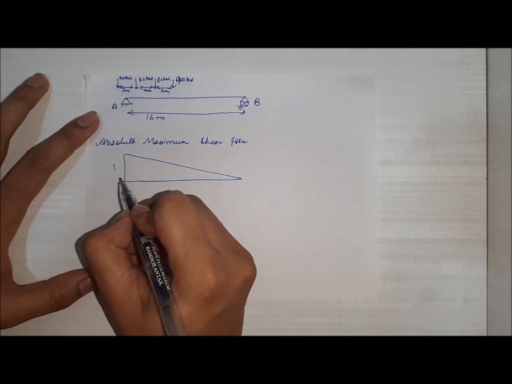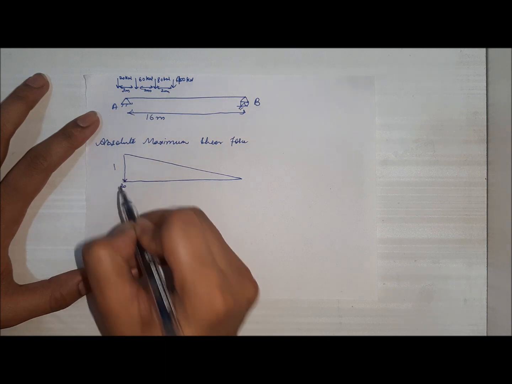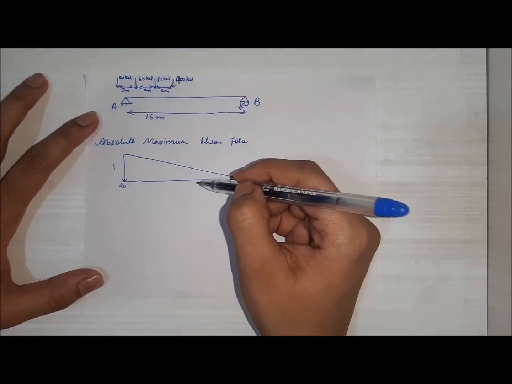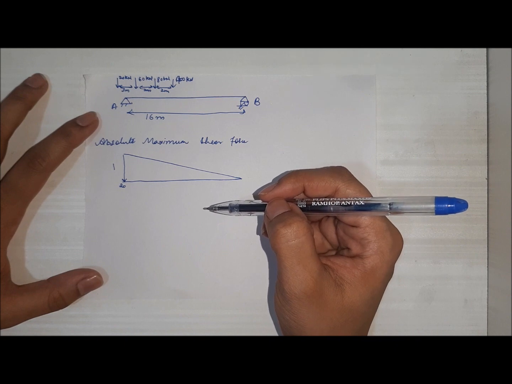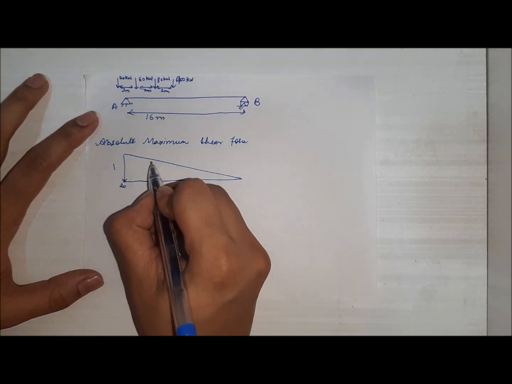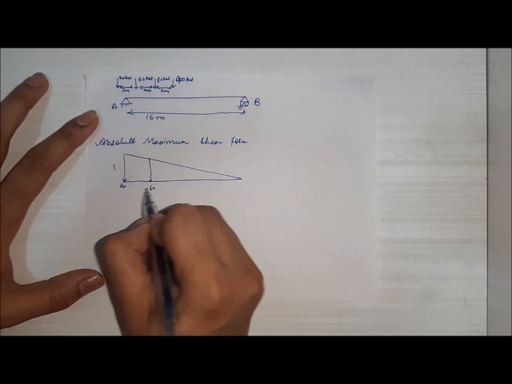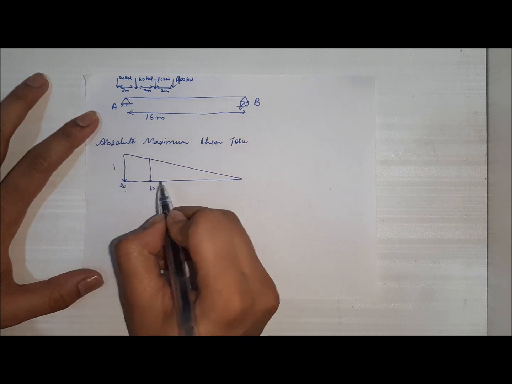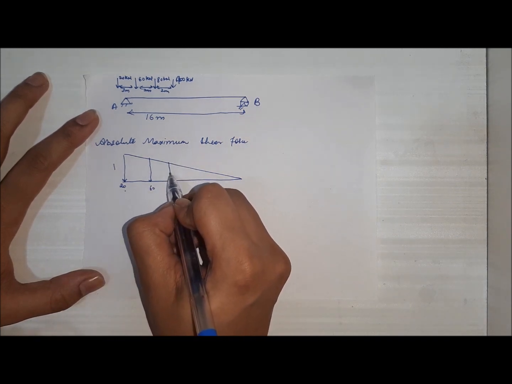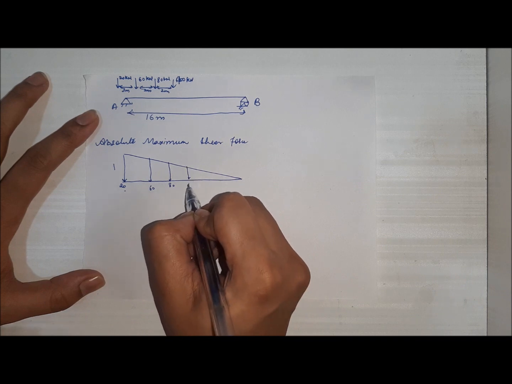Now we will assume that the 20 kilonewton load is here, because only if all the loads are coming on the beam will we get the maximum shear force value. Now another load is 60 kilonewton, which is at a distance of 3 meter from here. Then another load is of 80 kilonewton and the last load is of 40 kilonewton.